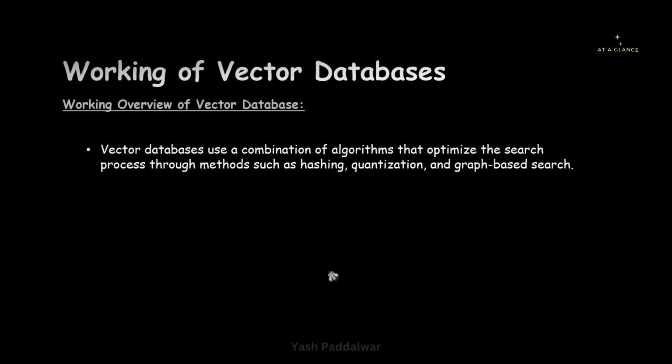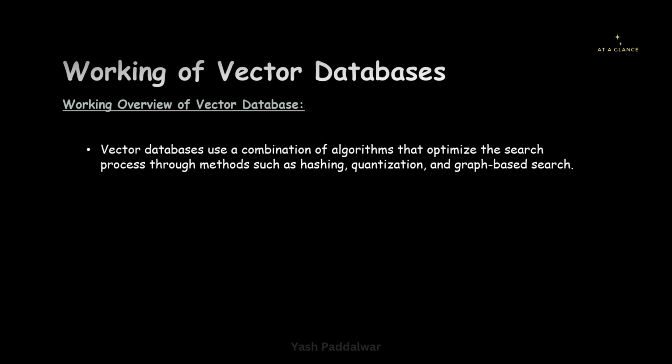It uses a combination of algorithms. Now, why does it require all these algorithms? Because in the previous video, I already told that in vector DBs, whenever we have to perform a search operation, we not only have to search for a match of the query, rather we have to find the closest match for that particular query.